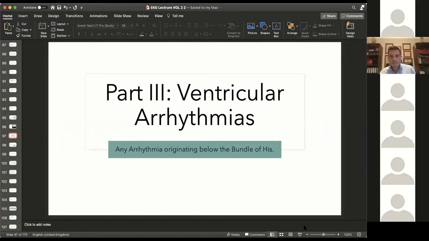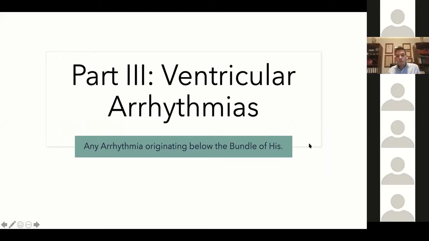Let's see. Since we're all here, I think I will start. So today we will start our lecture with ventricular arrhythmias. I think you'll remember arrhythmia was a problem in the normal functioning of the cardiac cycle and the impulse of the message, and here it's anything that originates below the bundle of His.